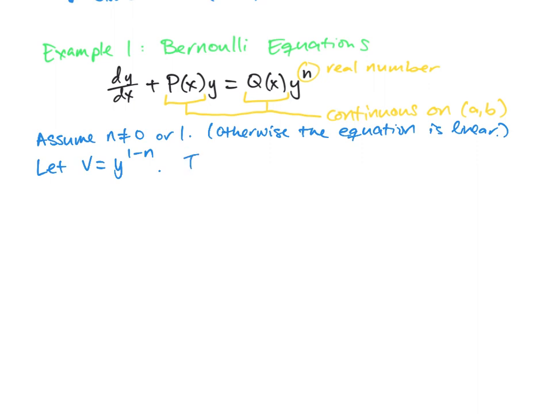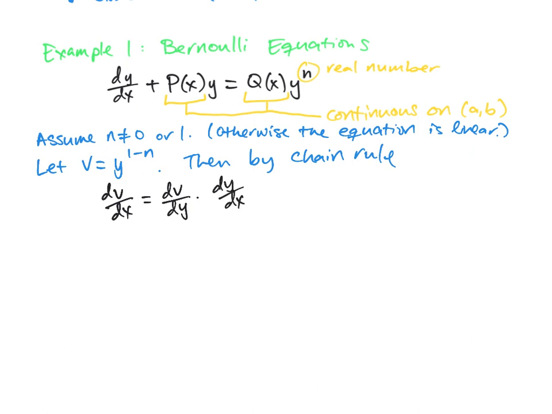Then by the chain rule, what is the derivative of v with respect to x? Well, v is a function of y and y is a function of x, and that's why the chain rule applies here. To take the derivative of v with respect to x, first you take the derivative with respect to y, and then multiply that by the derivative of y with respect to x.